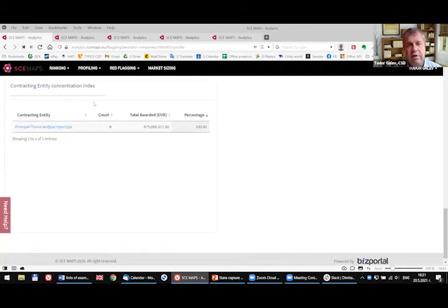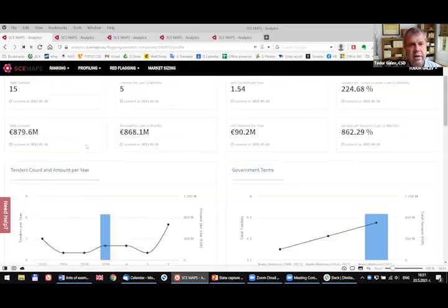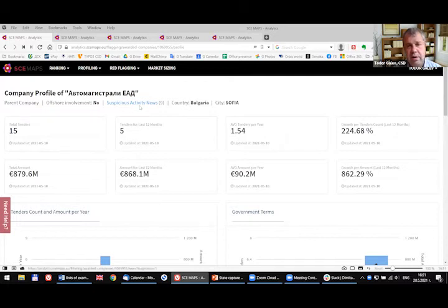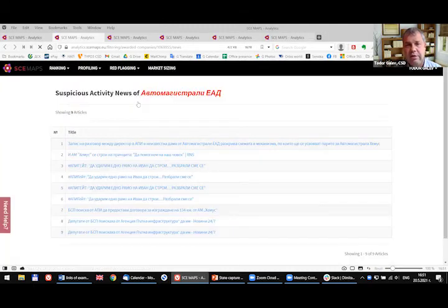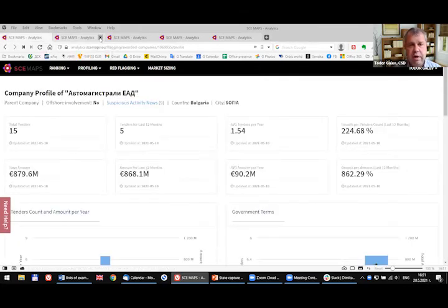And what is important, you can see that it received this only from 1 contracting authority, and this is the agency Road Infrastructure, again a state-owned agency. And if you go at the top, you can see that there are also some suspicious activity news that are talking about possible corruption and so on. Here you can open each of the news in original.